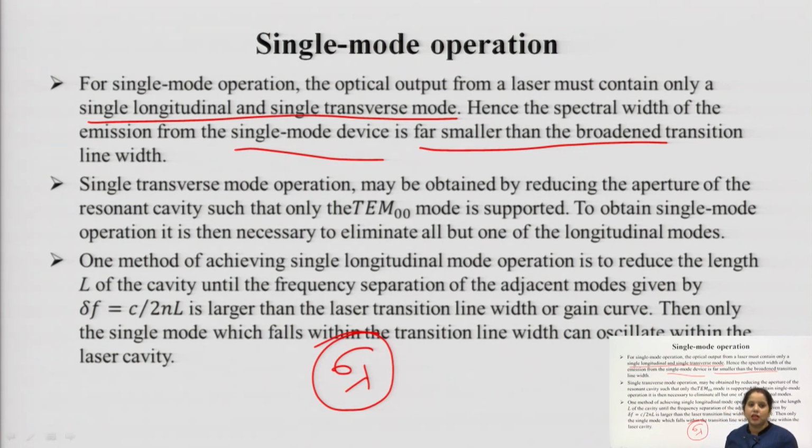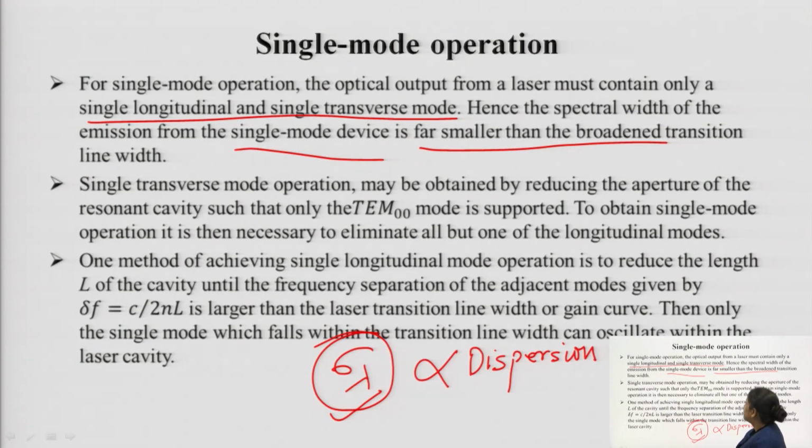Already discussed in previous lectures, this line width is directly proportional to the dispersion. And if we want to reduce the dispersion, we have to reduce this spectrum. So, achieving a single mode is a very important thing in laser diode operation.